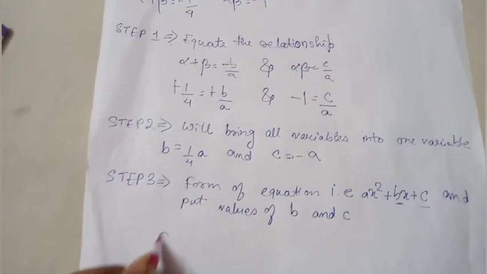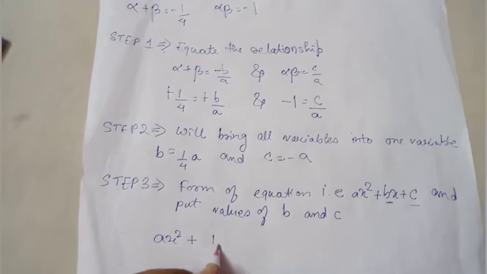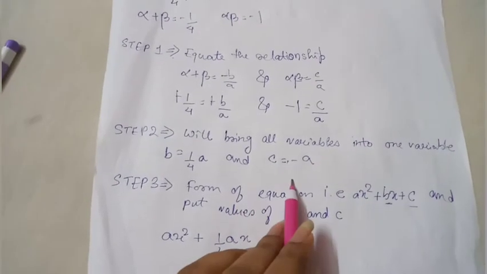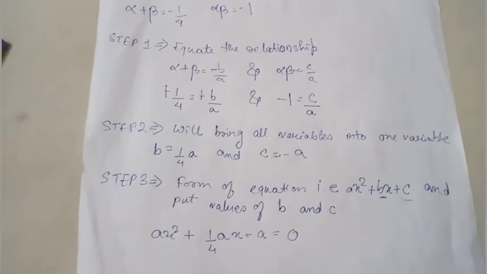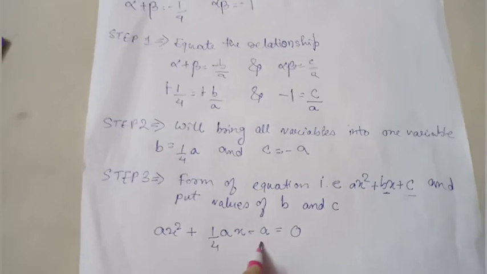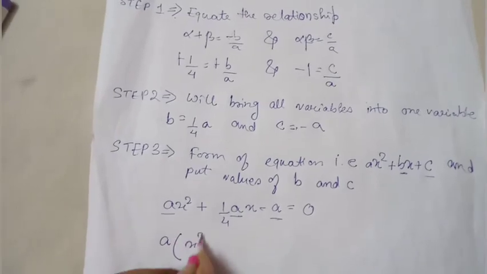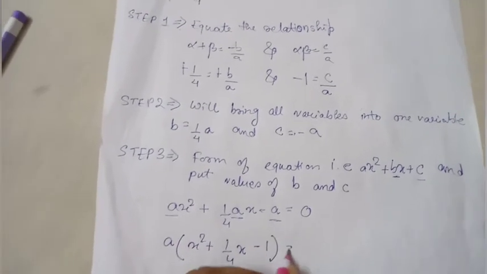So a is a only, then plus 1 upon 4 a x, and c is minus a, so we'll keep minus a is equal to 0. Now you can see we can take a common, and we'll get x square plus 1 upon 4x minus 1 equal to 0.